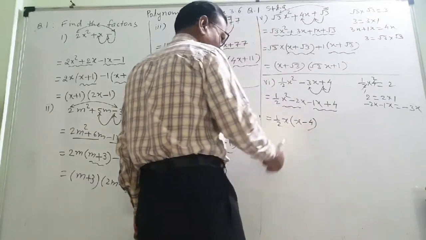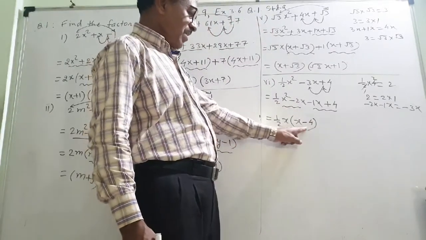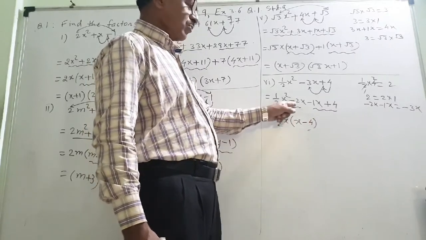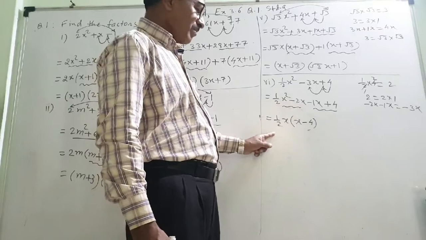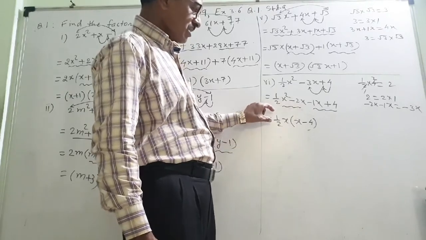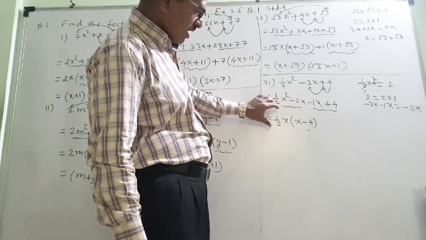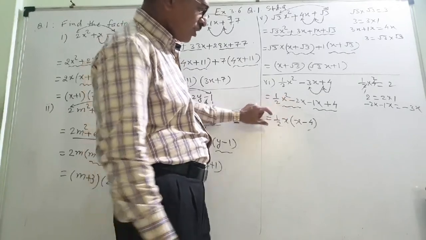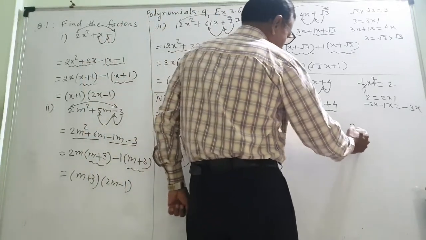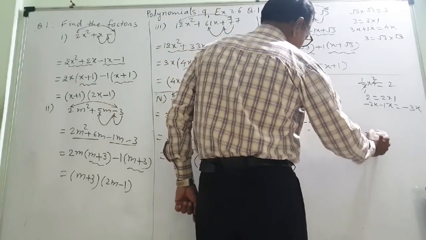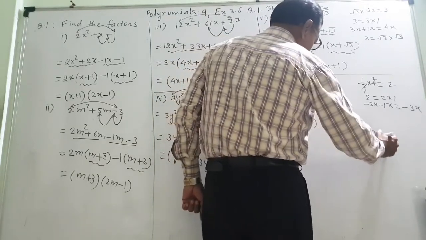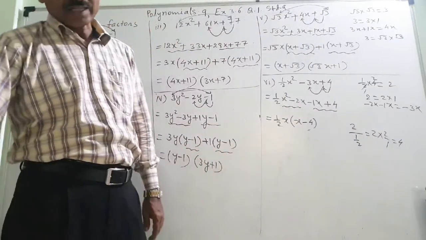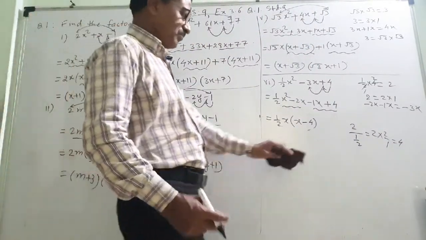Check it. If I divide this, minus 4 into 1 upon 2, that will be 2. Taking common means dividing by this. So this 2 divided by this 1 upon 2. See, 2 divided by 1 upon 2, that is equal to 2 into 2 upon 1, that is equal to 4. Taking common is nothing but divide.